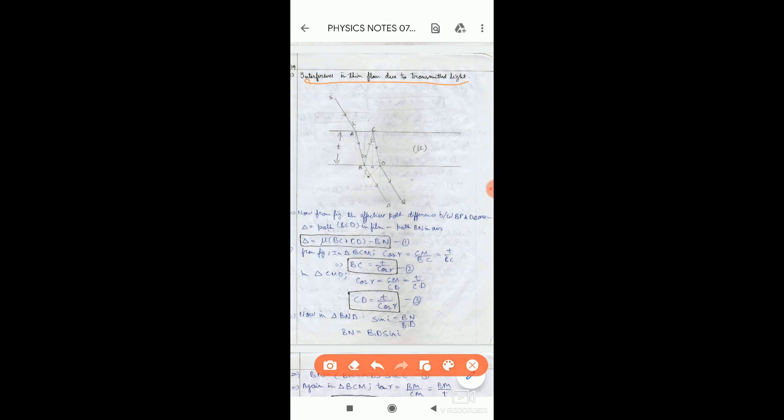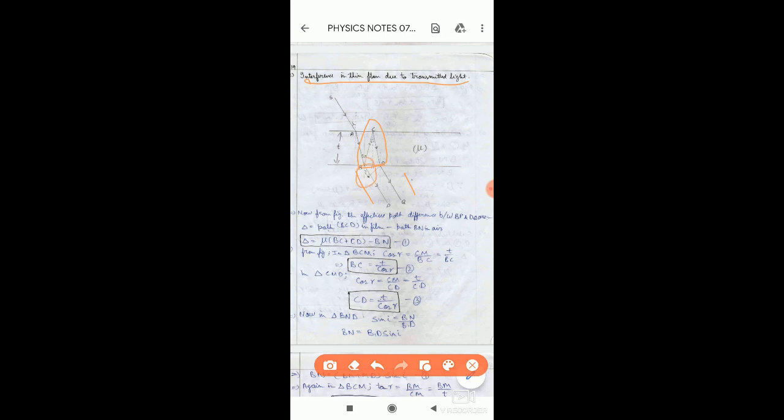Now from the figure, the effective path difference between BP and DQ is the path BCD in film minus path BN in air.